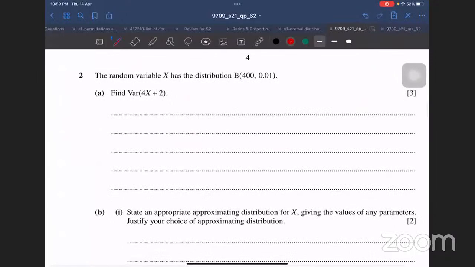The next question says that the random variable X has a distribution, this, and variance of this. So first I'm going to find the variance of the binomial distribution, which is 400 into 0.01 into 0.99, which is 3.96.